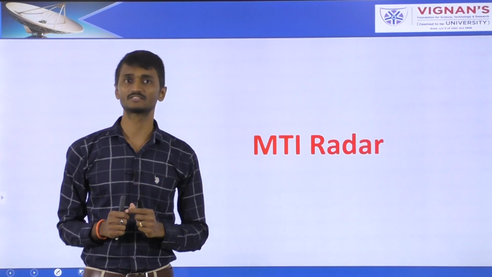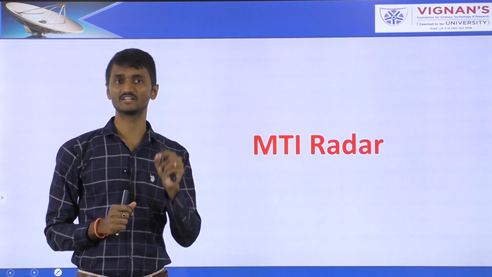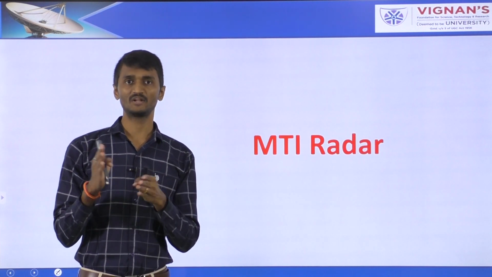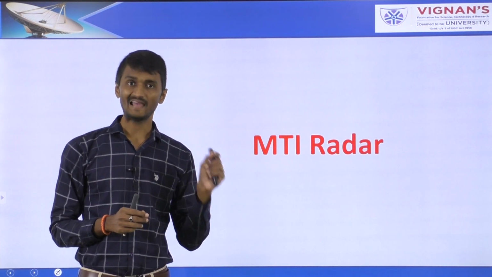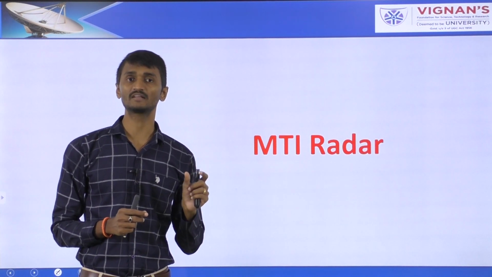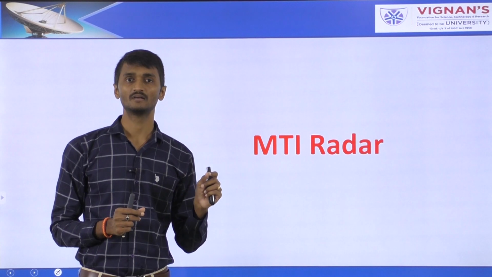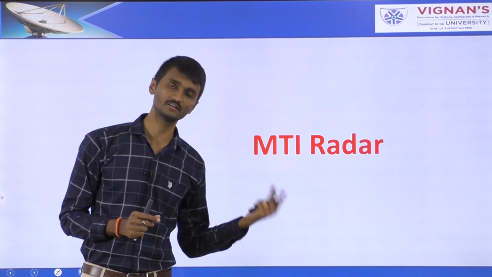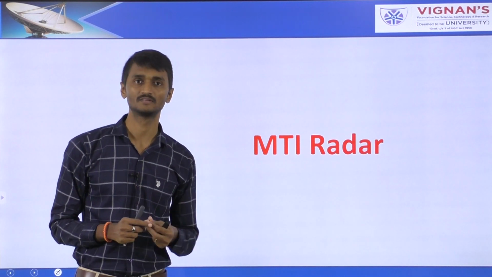The echo signals due to stationary objects, like places such as land or sea, are called clutters. Those are called clutters because these are unwanted signals.